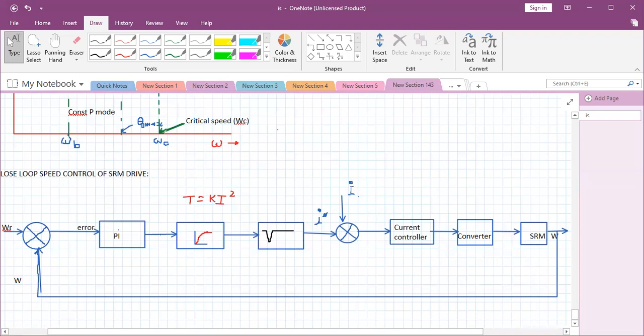Yes, this is from the motor. This actual current is coming from the motor. So there is, we can say, a current sensor we require. This is the actual current of the motor.